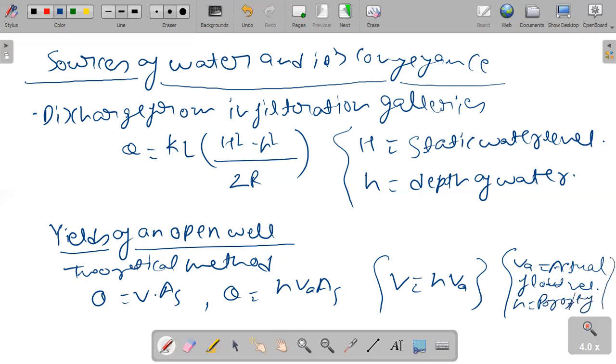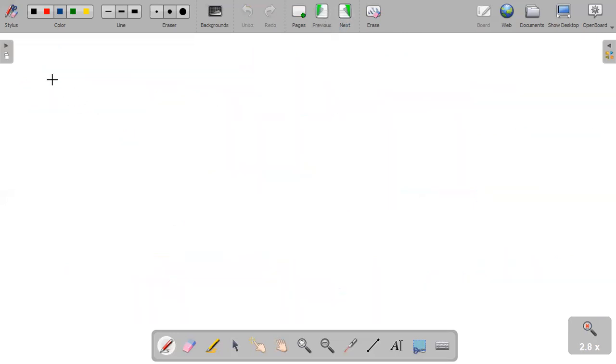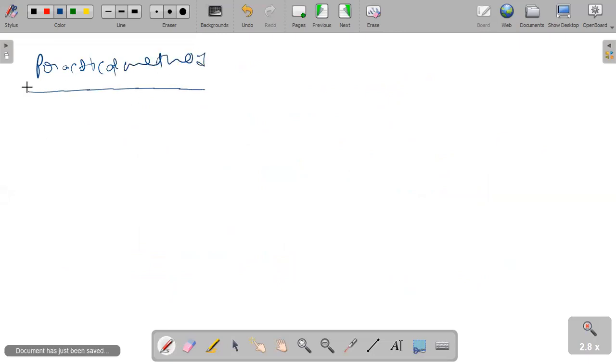So this is the formula for the theoretical method. If we discuss the practical method, then the first test is the pumping test.